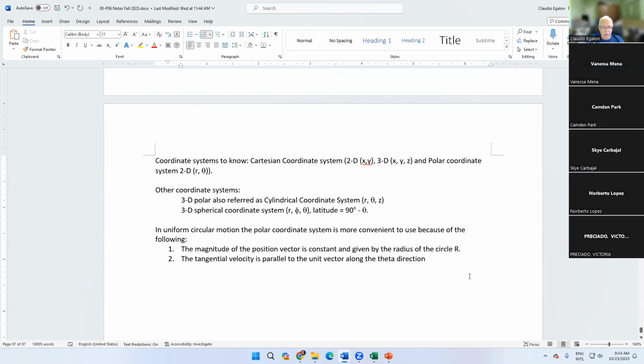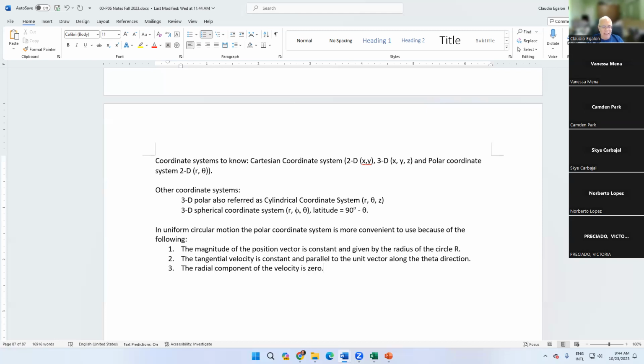The radial component of the velocity is 0.